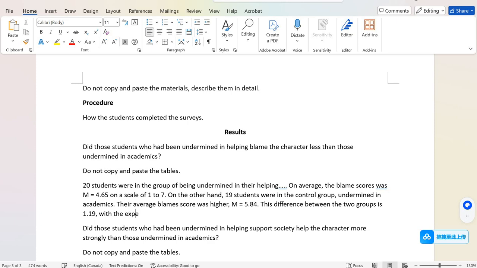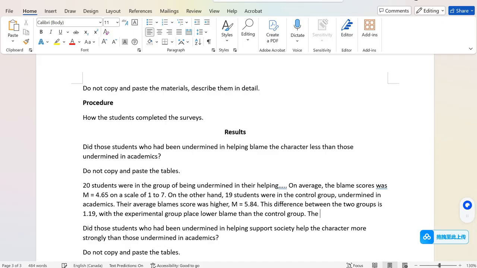The experimental group placing lower blame than the control group. This was what we predicted. This was supporting the prediction.